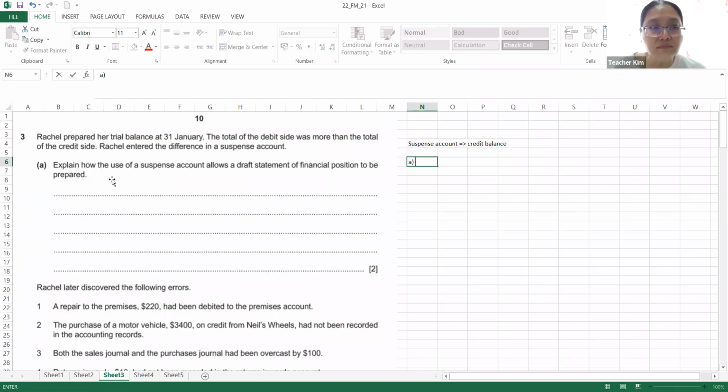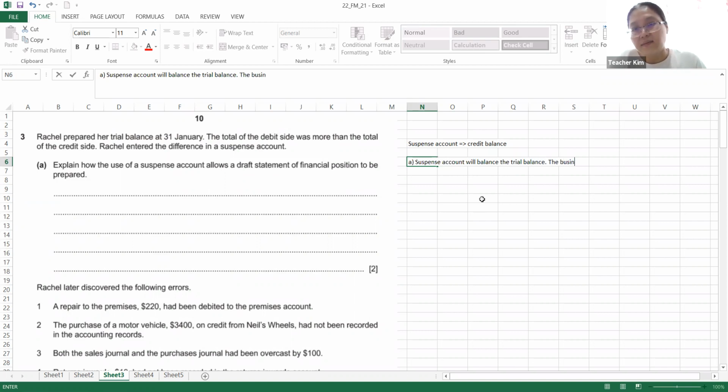Explain how the use of a suspense account allows a draft statement of financial position to be prepared. The suspense account will balance the trial balance.